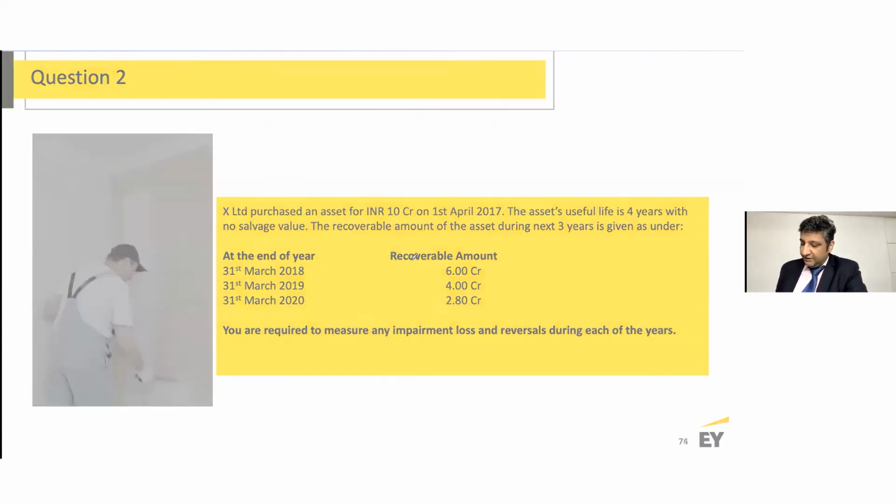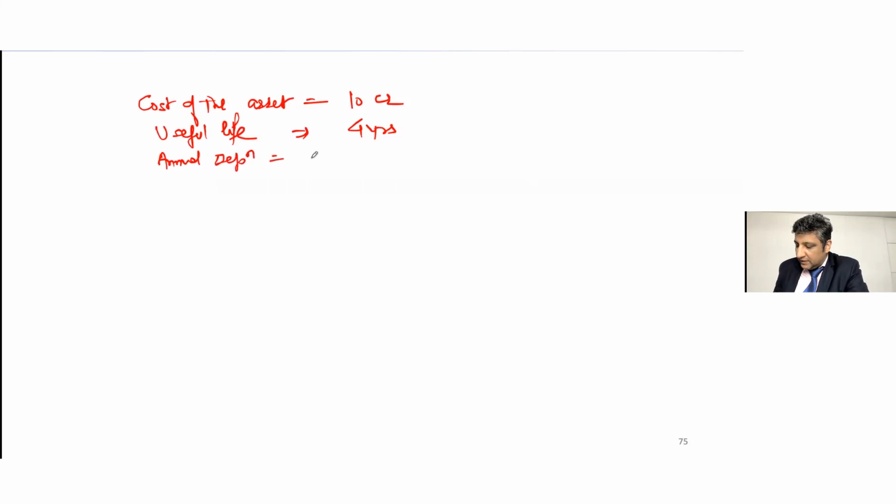I'm provided with the information that the cost of the asset is 10 crores. Useful life is provided at 4 years, which means that my annual depreciation will be 2.5 crores.